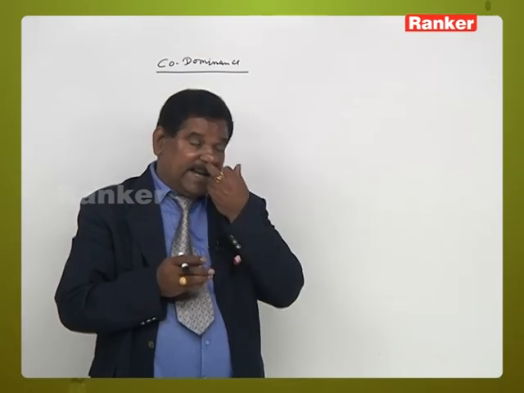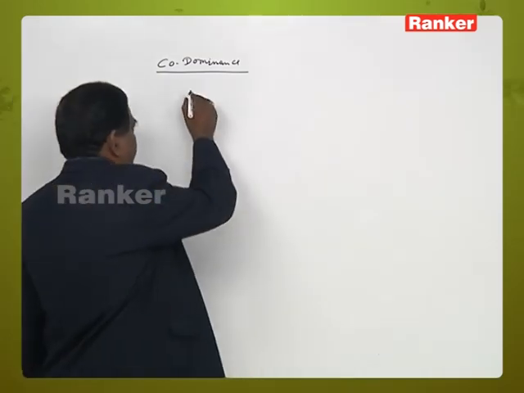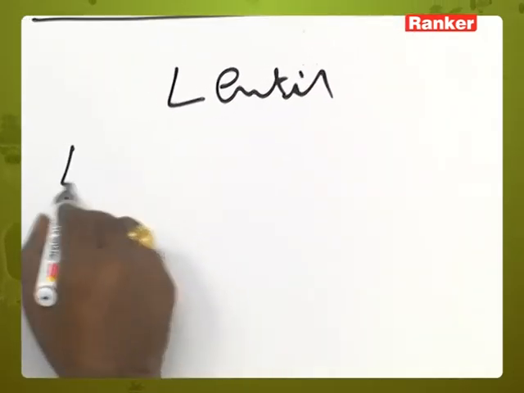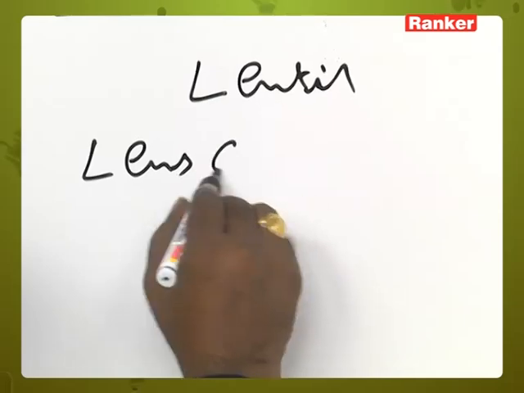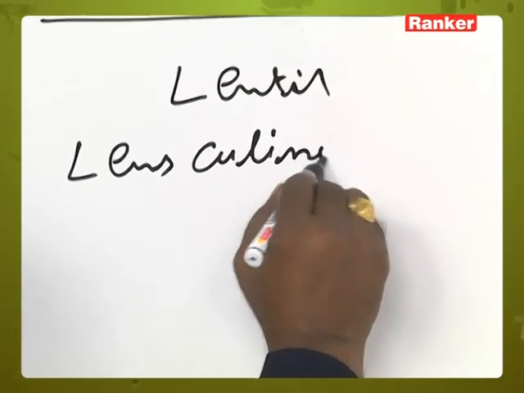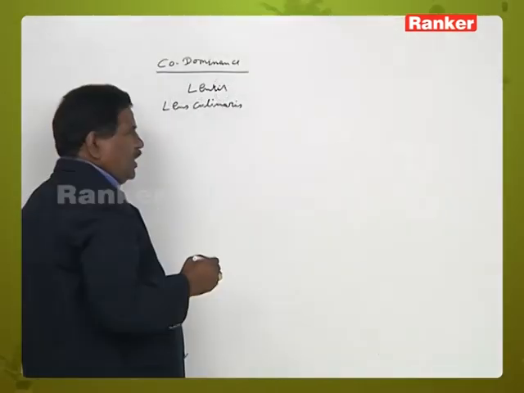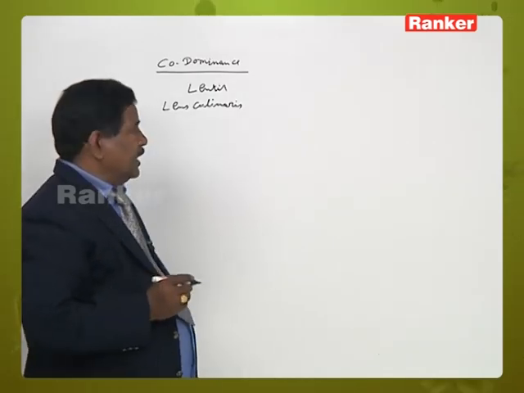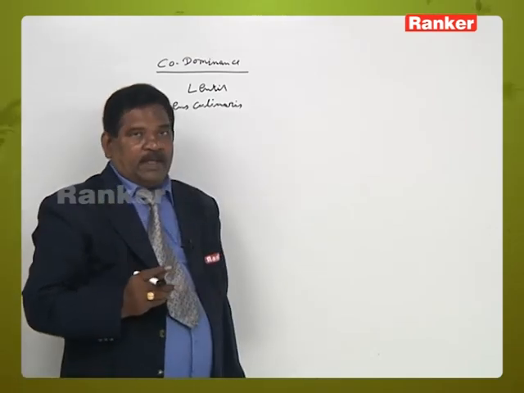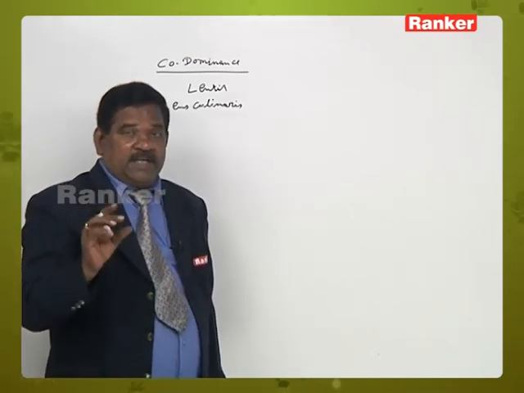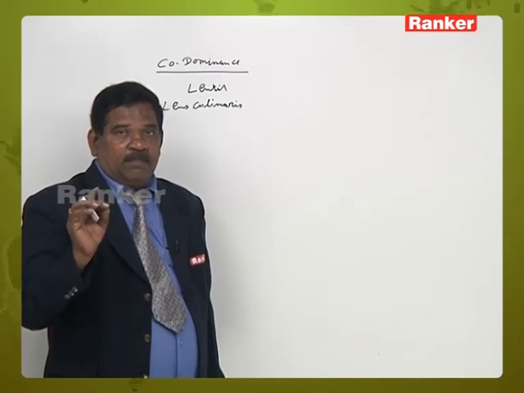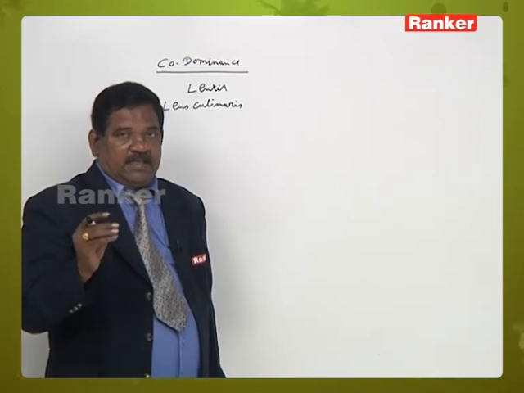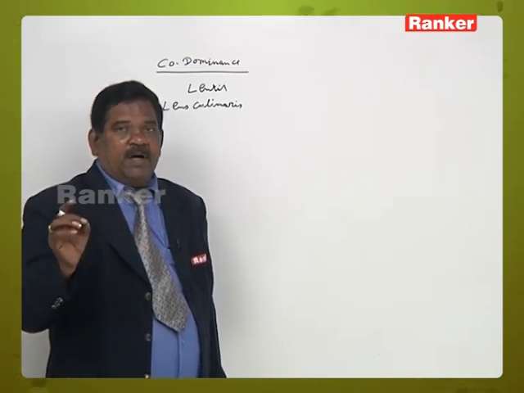In plants, the example is lentil, botanical name Lens culinaris. Here, some seeds have a seed coat with somewhat bigger, large, spherical spots, and another trait is small dots.